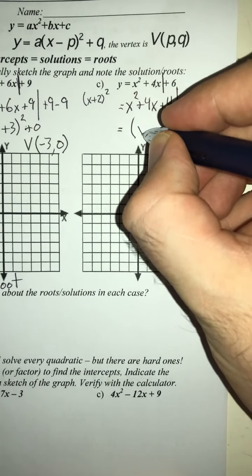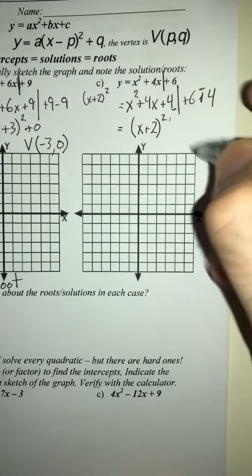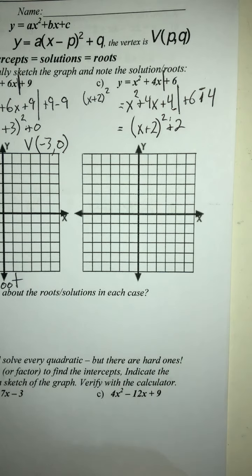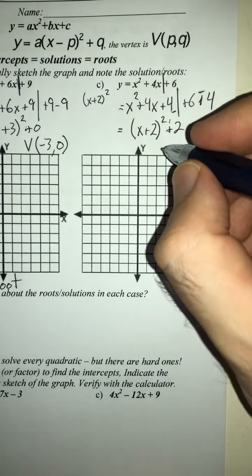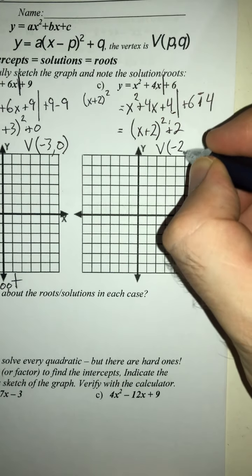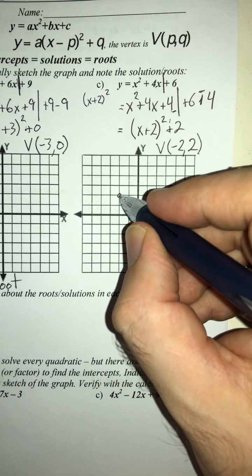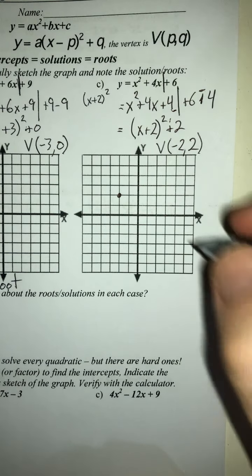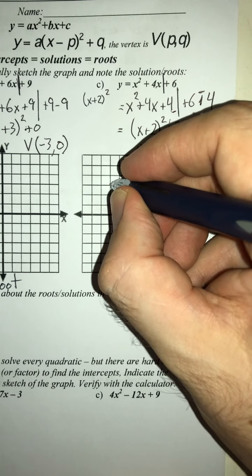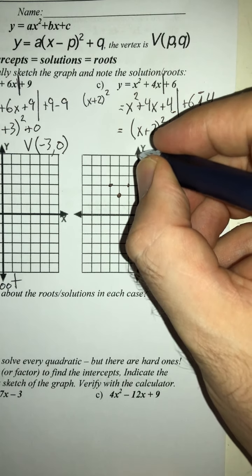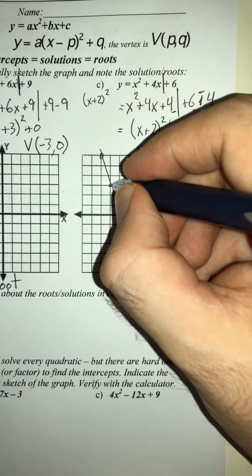So this will give me x plus 2 all squared, and then plus 2. So my vertex in this case is going to be minus 2, 2. So plot that, minus 2, 2. And it's going to open upwards. 2, 3. So it looks like this.